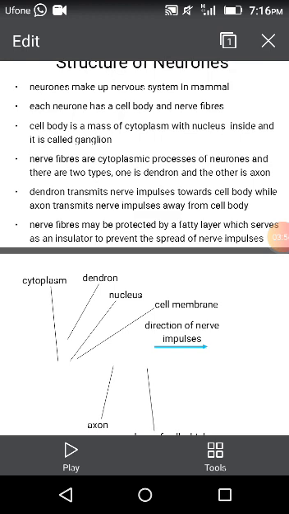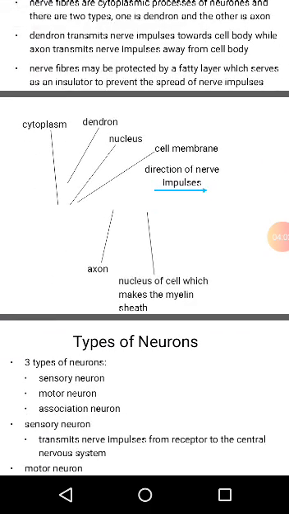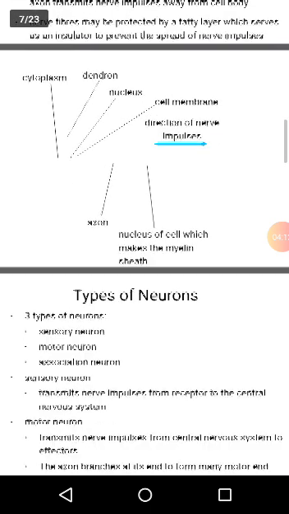Nerve fibers are protected by a layer of fatty tissue which acts as an insulator. In the next slide you can see the structure of a neuron with complete labeling. I think with this diagram you will understand how a neuron looks and what its parts are.